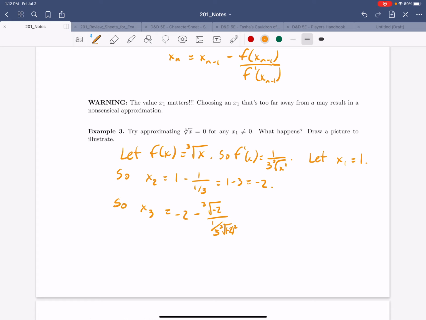The cube root of negative 2 squared times the cube root of negative 2 is negative 2. This is negative 2 plus, let's see, looks like it's 2/3. I was like, is that quite right? I feel like I messed something up there. It's supposed to be a little crazier than that.